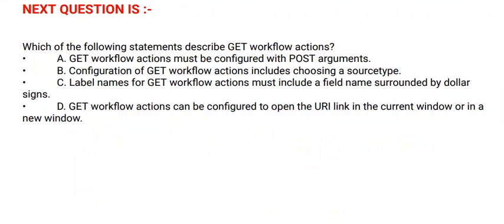Option C, label names for GET workflow actions must include a field name surrounded by $ signs. And option D, GET workflow actions can be configured to open the URL link in the current window or in a new window. The correct answer is option D.